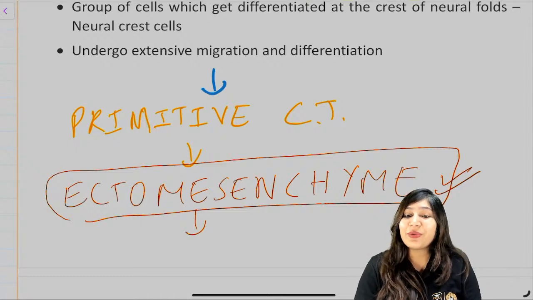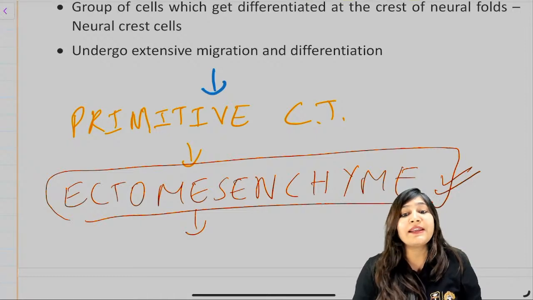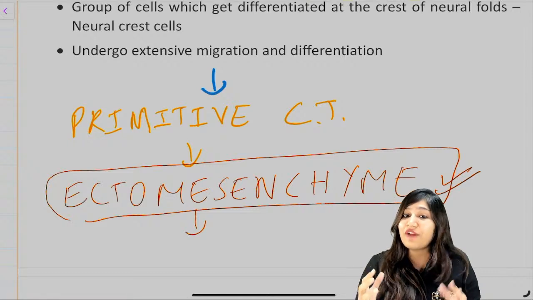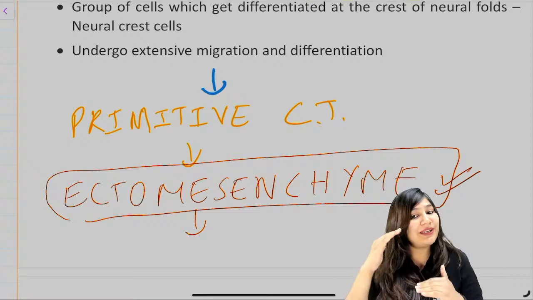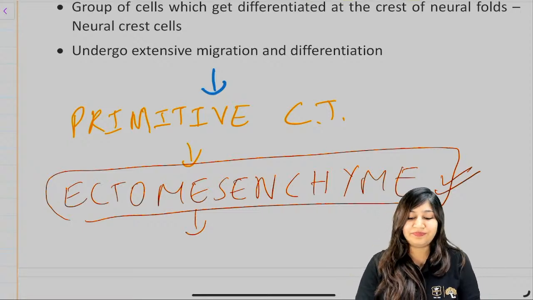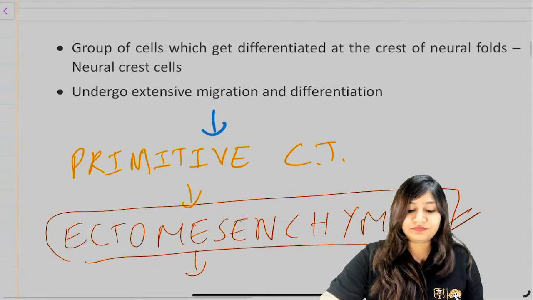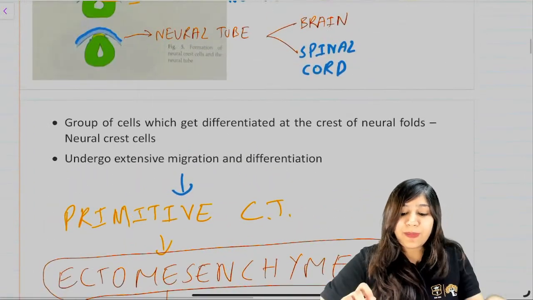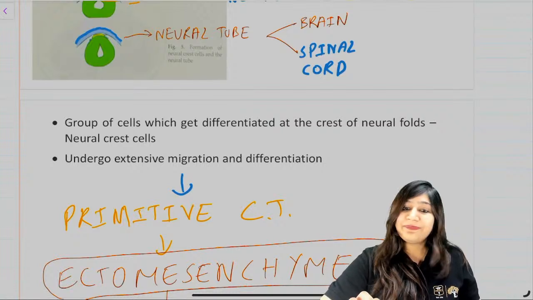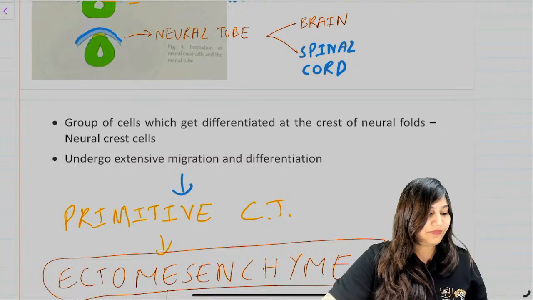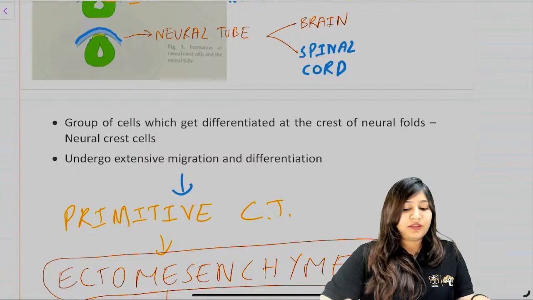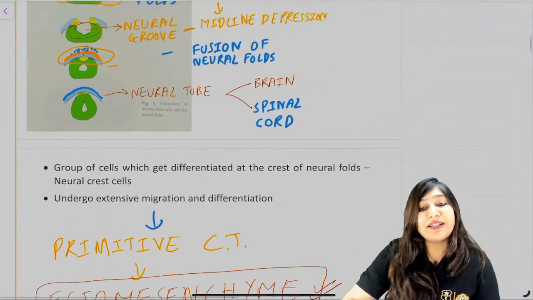So tooth development or odontogenesis is basically a complex phenomenon involving interaction between ectoderm and ectomesenchyme. So you might not be having any doubt in neural crest cells now, right? How are the neural crest cells formed?